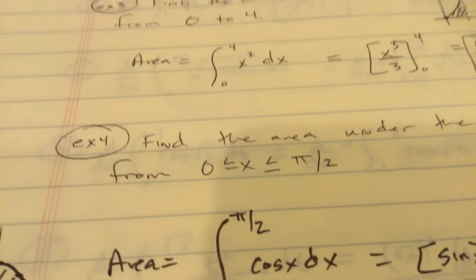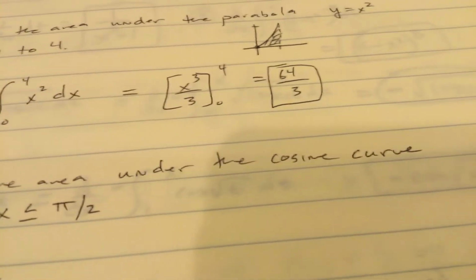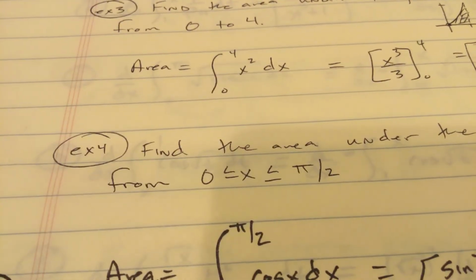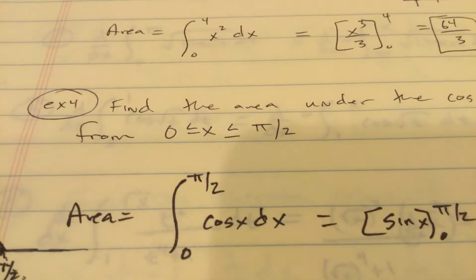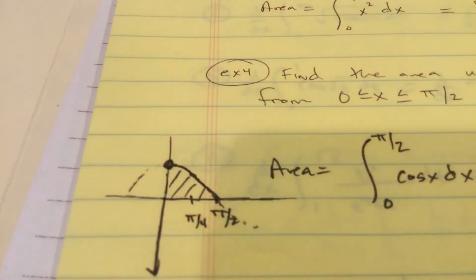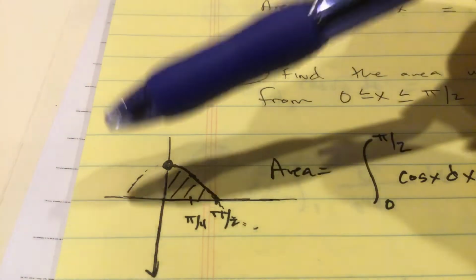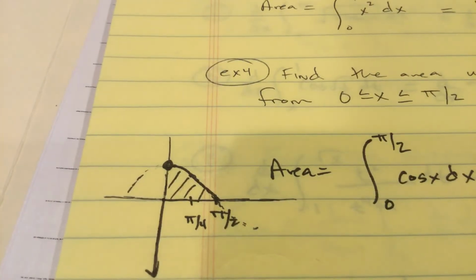Number 4 here. Again, pause this whenever you need to. Find the area under the cosine curve from 0 to pi halves. So that is what I want right there. That is roughly the cosine curve. It's really best when you make the whole graph there, the whole curve.